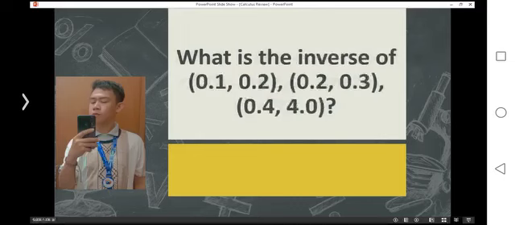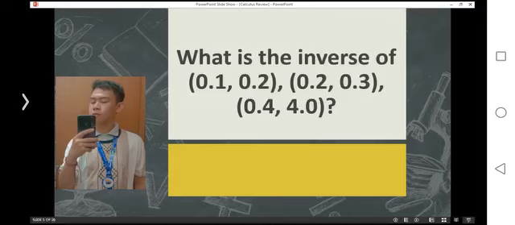Next, what is the inverse of (0,1), (0,2), (0,3), (0,4), and (4,0)? First, we need to find out if this relation is a function or not. Simply, a function is a relation with no repetition on x values. By mere inspection, 0, 1, 2, 4 are the values for x.